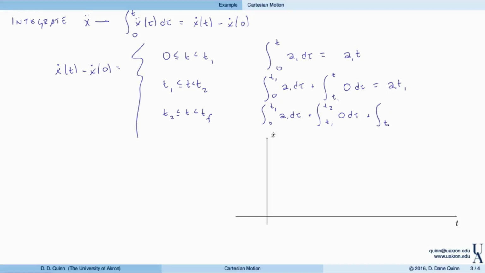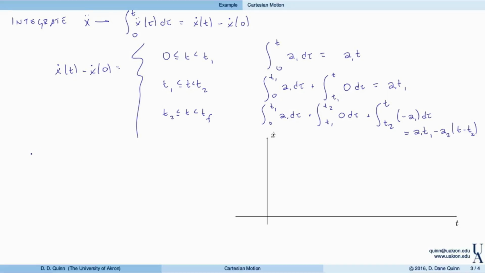And then the integral from t2 to t, where the acceleration here was minus a2 d tau. So this ends up being a1 t1 minus a2 times (t minus t2).